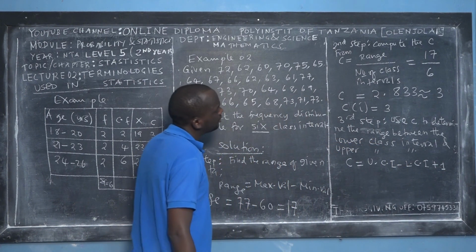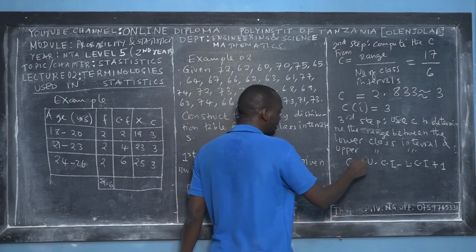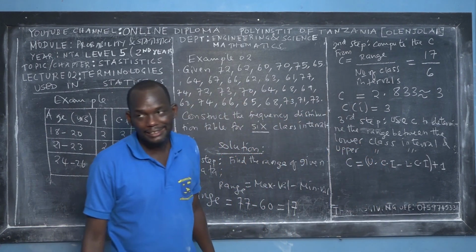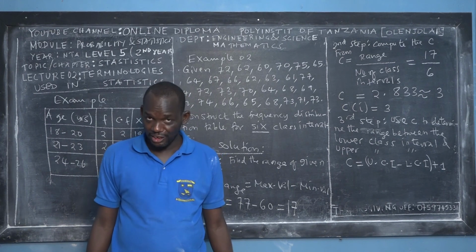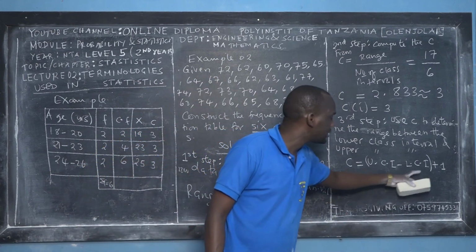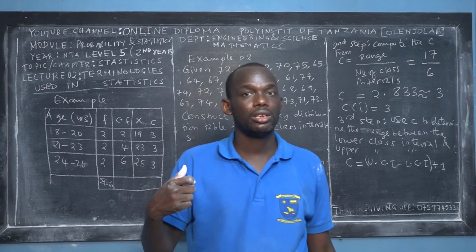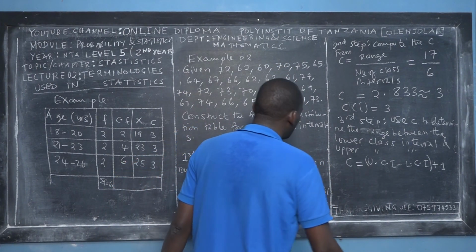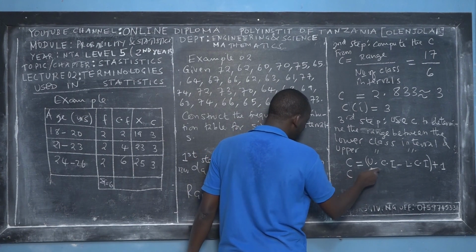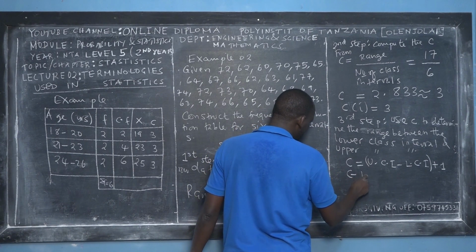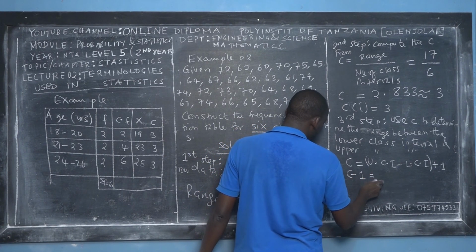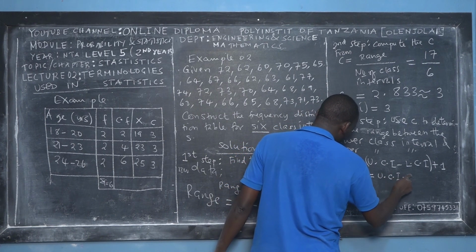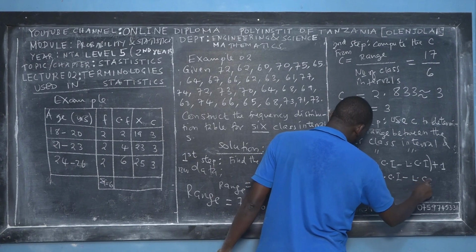Remember that the upper class interval is not equal to the upper class boundary or upper class limit, and the lower class interval is not equal to the lower class boundary or lower class limit. So we can make this the subject: class size minus 1 is equal to upper class interval minus lower class interval.